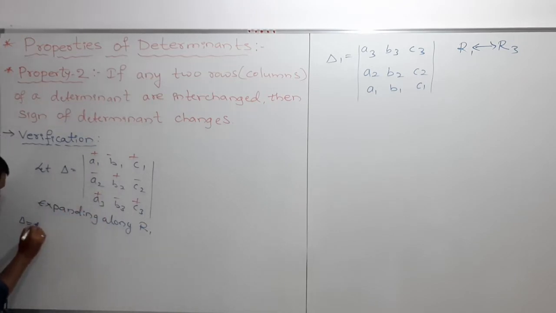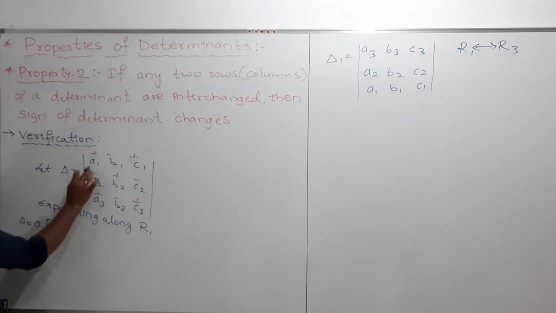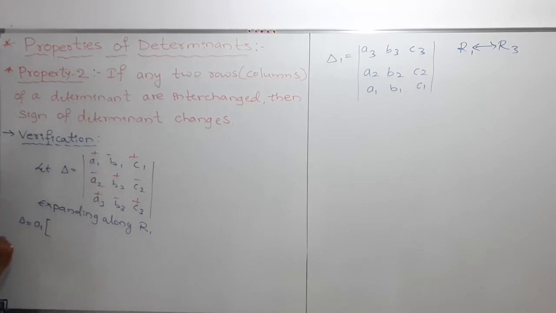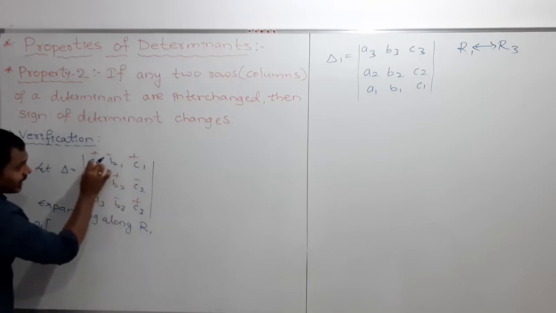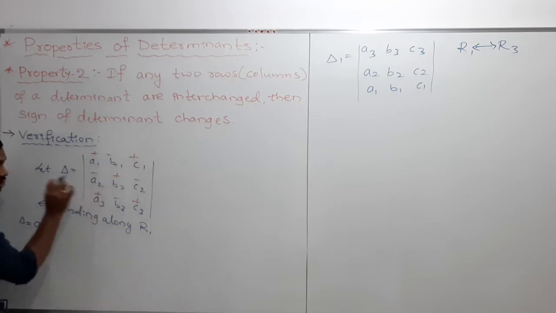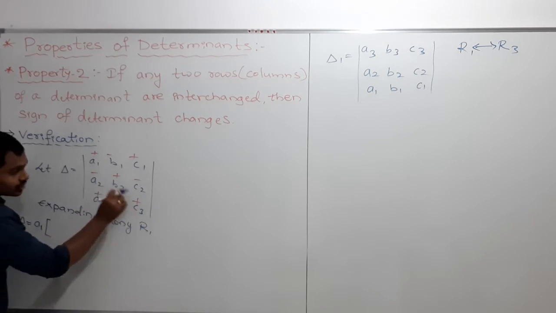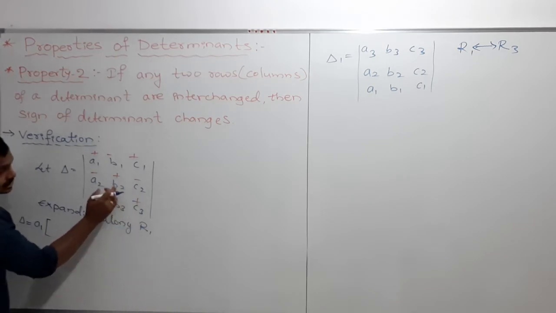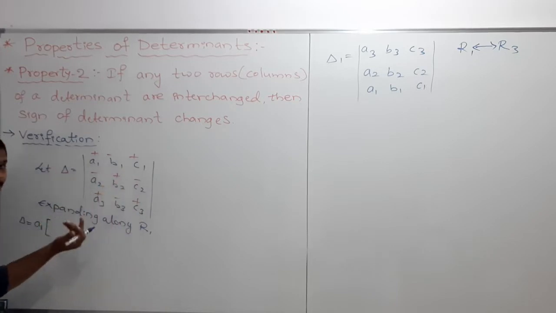Determinant is equal to A1. The first element we write with its sign: plus into A1. Now leave the first row and first column, and take the determinant of the remaining elements, so the 3 cross 3 determinant is expressed in terms of 2 cross 2.